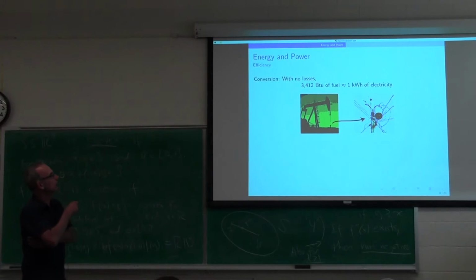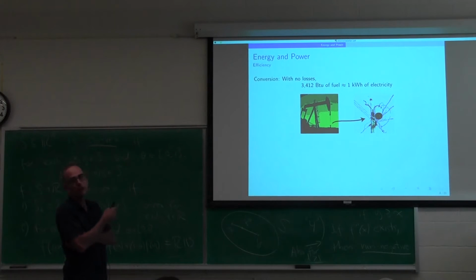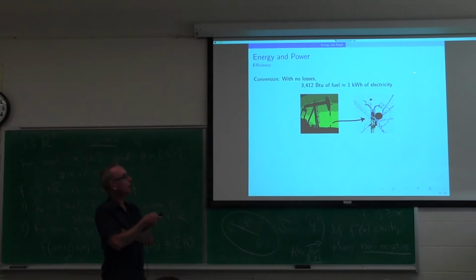All right, so anyway, the conversion. The reason I'm doing all this is because we want to talk about this conversion of fuel to power, and there's a notion of efficiency. Old-fashioned generators might be only 33% efficient. They throw away 2/3 of that energy.